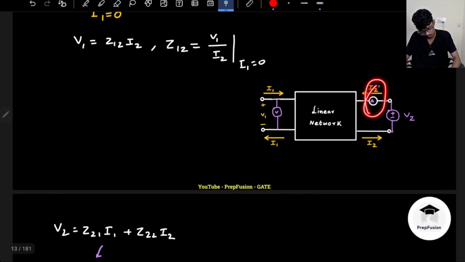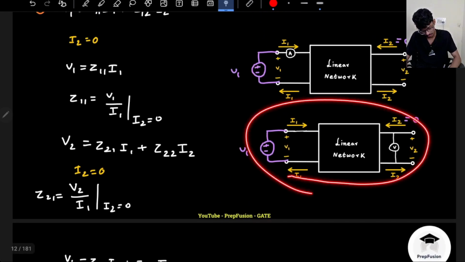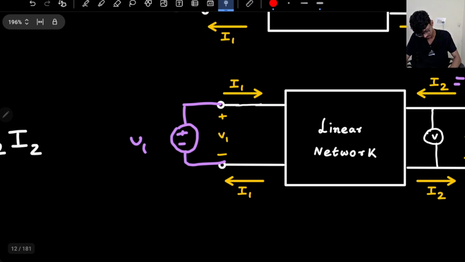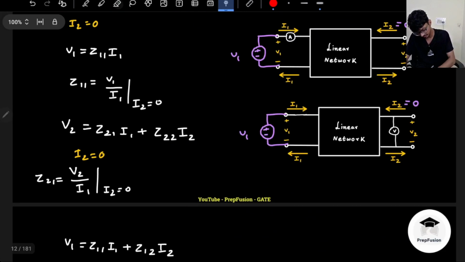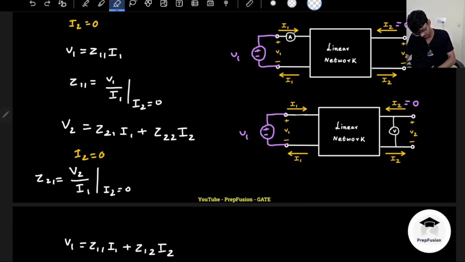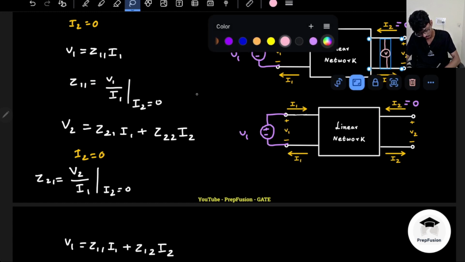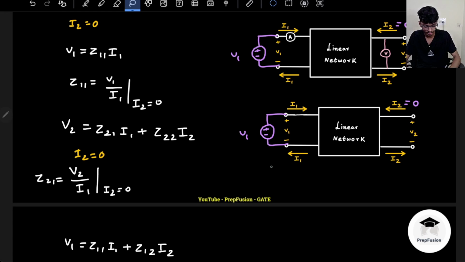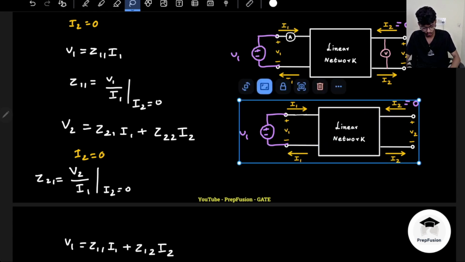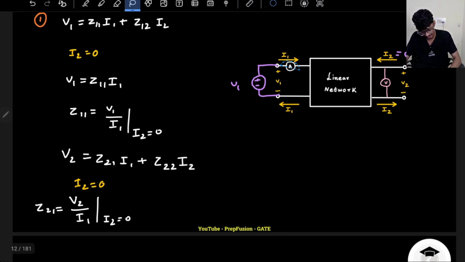With this arrangement only, two parameters can be found out, and with the other arrangement the other two. If I connect a voltmeter in the output, I am talking about Z11 and Z21, sorry; for that arrangement only I need an ammeter.